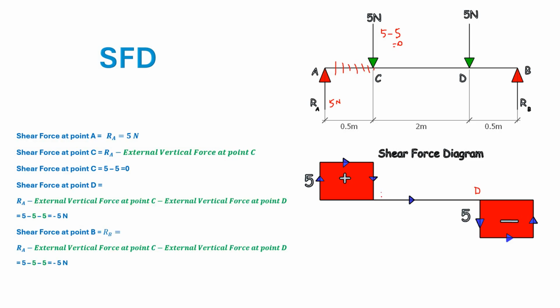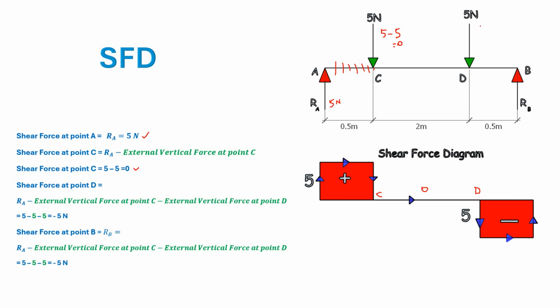So for the span CD, it is RA minus 5 minus 5. So here it is 0. Once you reach here, you can find another 5 Newton acting downwards. So the shear force at point A is 5 Newton, at point C is 0, and at point D it is nothing but 5 minus 5 minus 5.